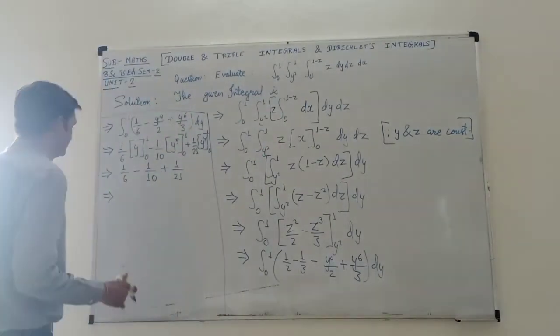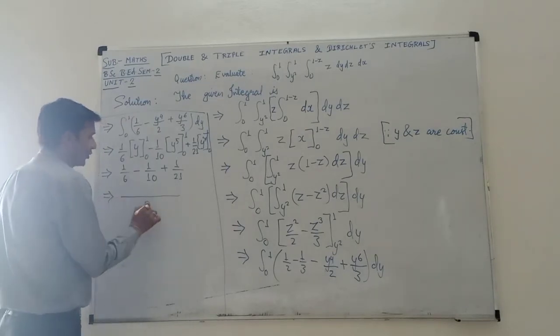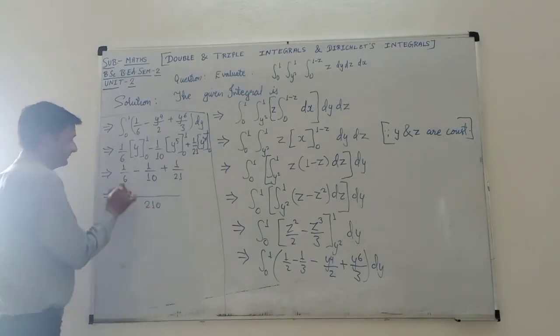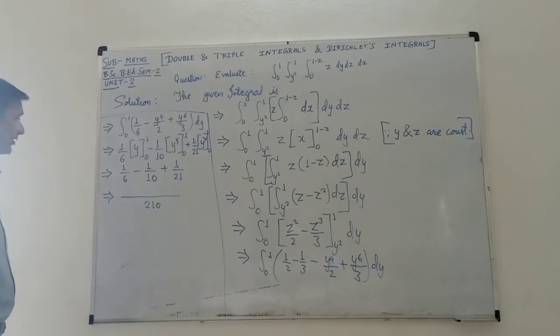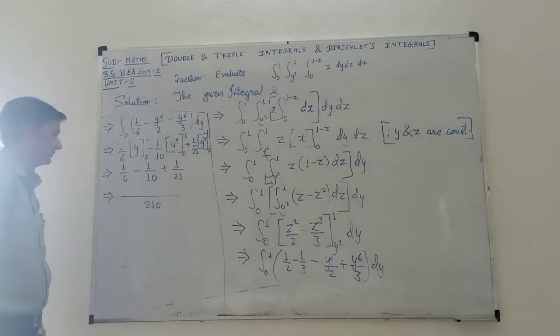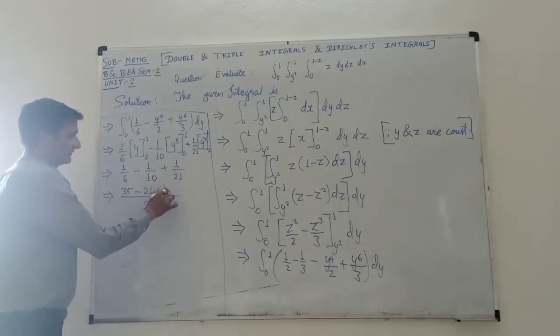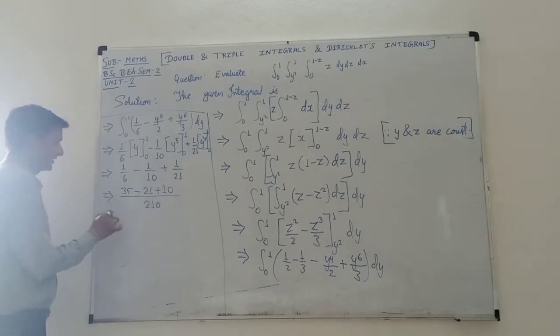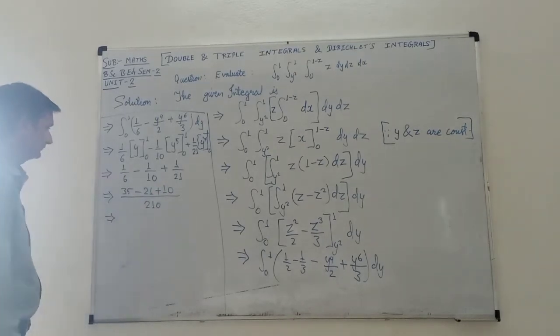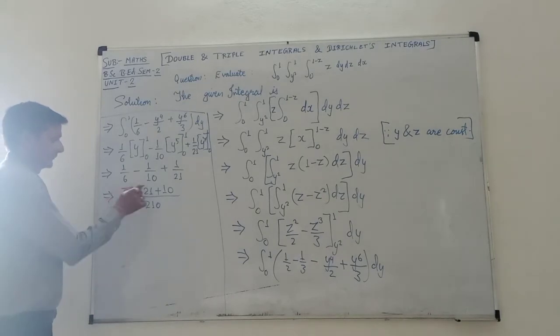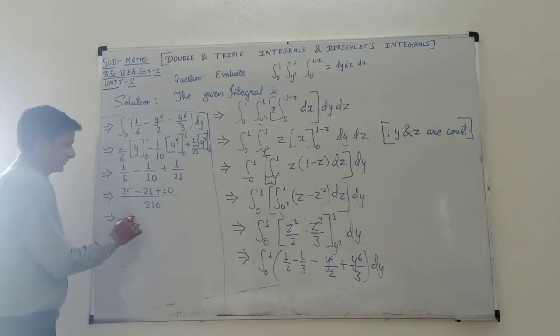So 210 is its LCM. In the table of 6, it is 35 times. So 35 minus 21 plus 10, that is 45 minus 20... 5 minus 1 is 4, and 4 minus 2 is 2.